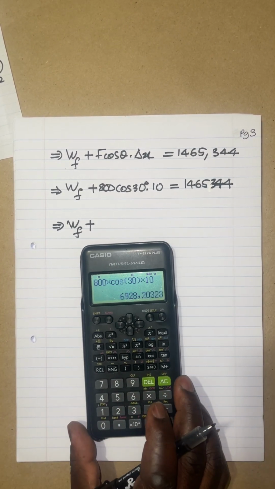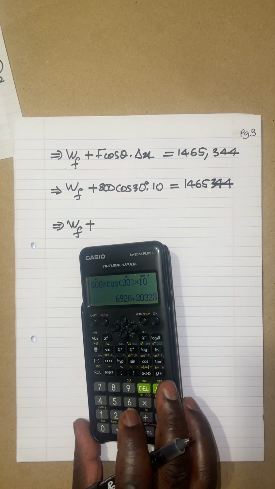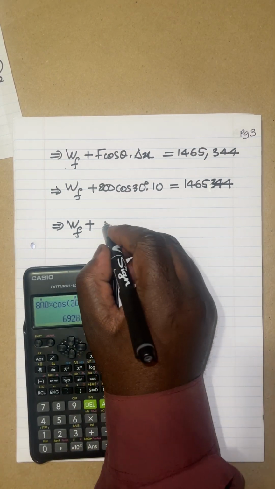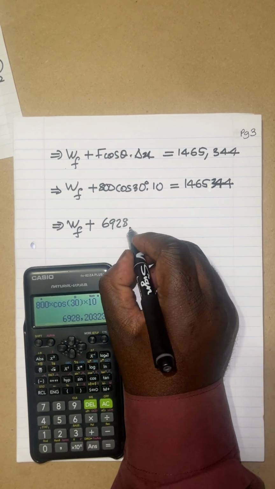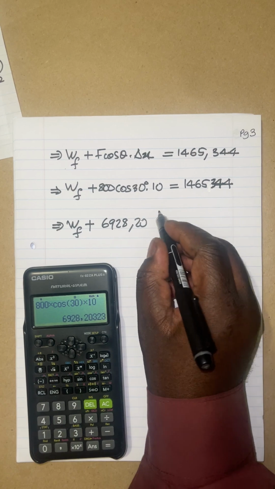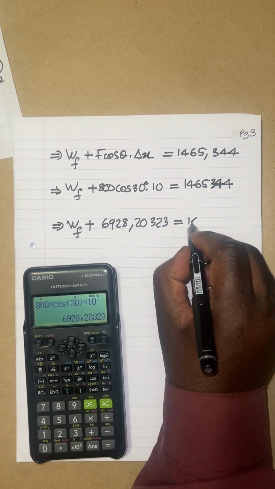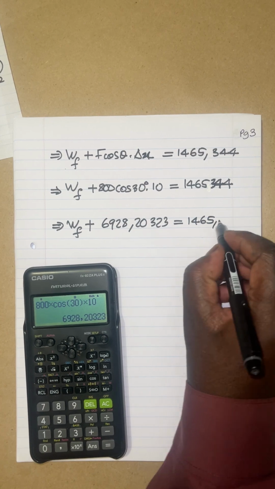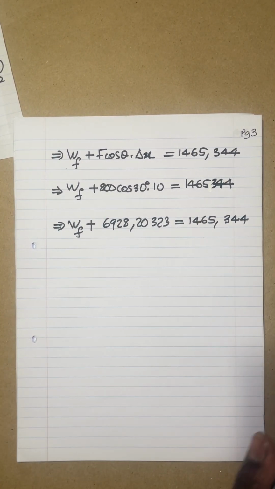My calculator says 6928,20323. So this is 6928,20323, and this is equal to 1465,344. Now we can work out work done by frictional force.